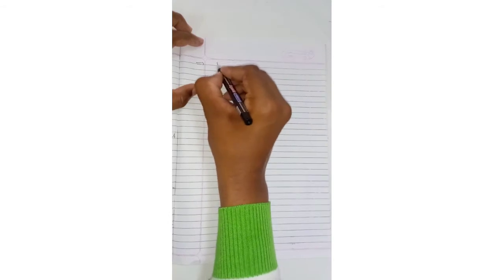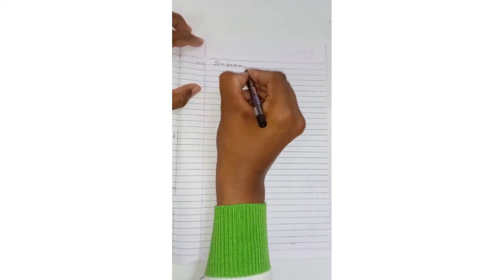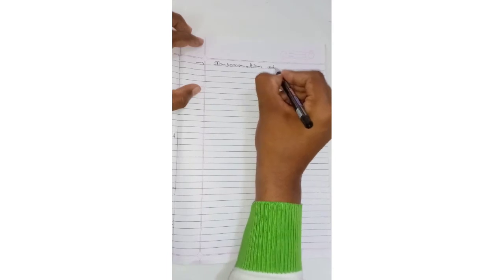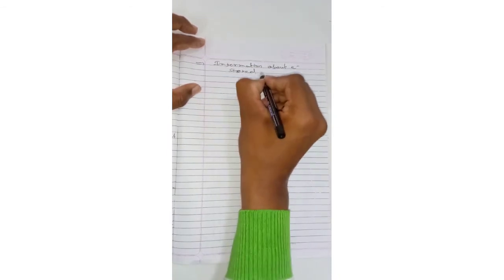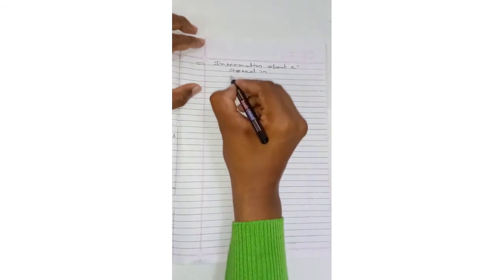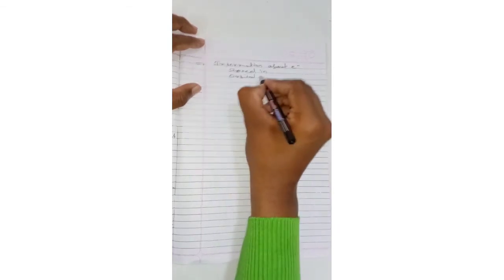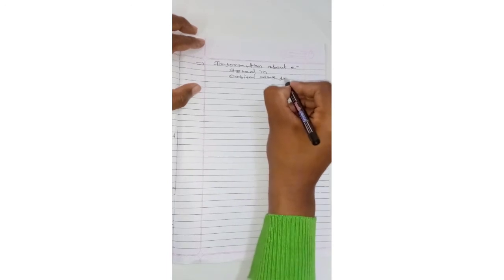Now all the information about an electron in an atom is stored in the orbital wave function, psi.